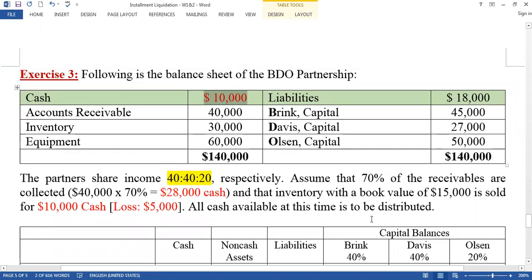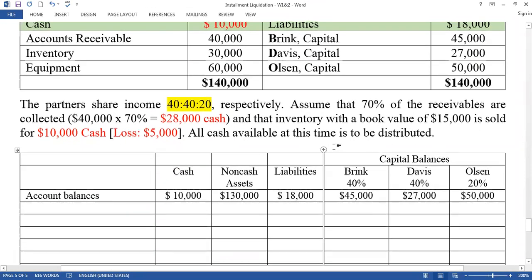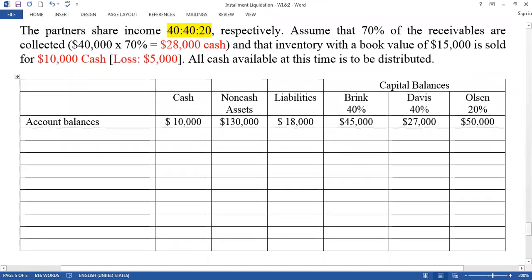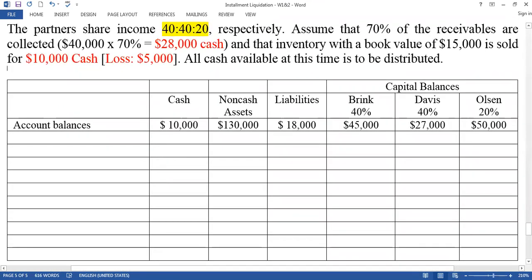From this cash we have to pay our liabilities. After paying liabilities, we check how the remaining money is going to be paid to which partner. Do you understand? So let's solve this question together. You already have the blank sheet, so do it with me so that you can easily understand everything quickly.